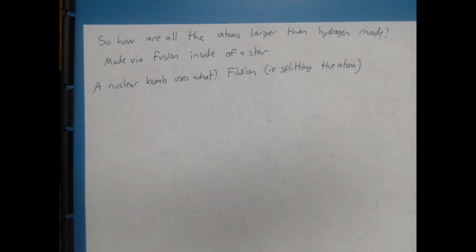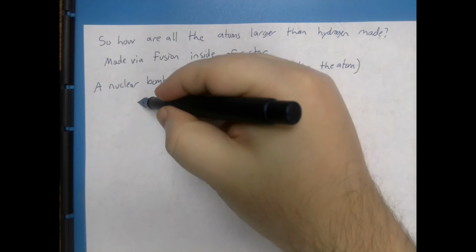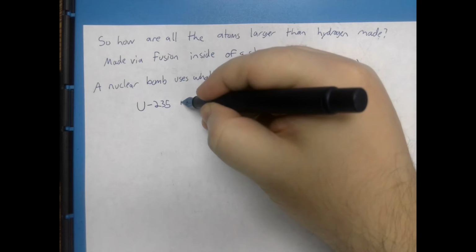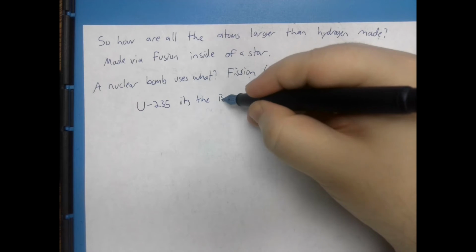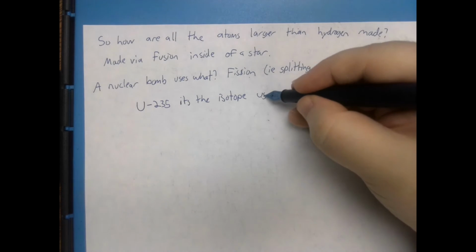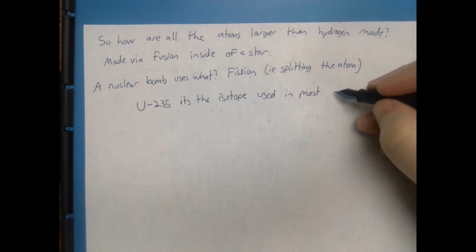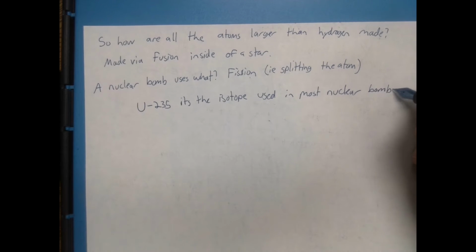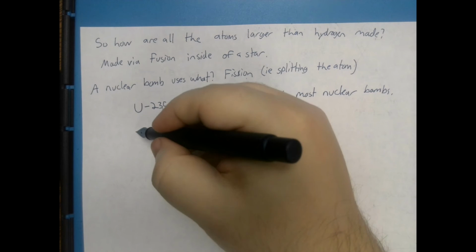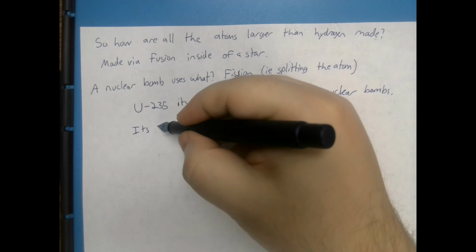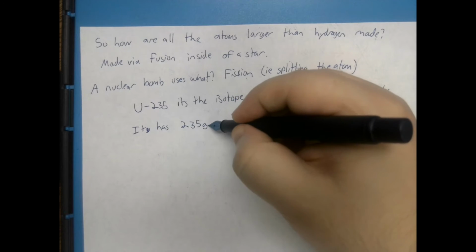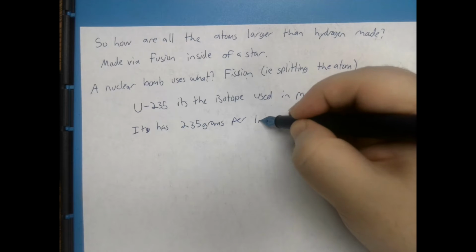So, for example, let's look at uranium 235, which is the isotope used in most nuclear bombs. It has 235 grams per 1 mole.